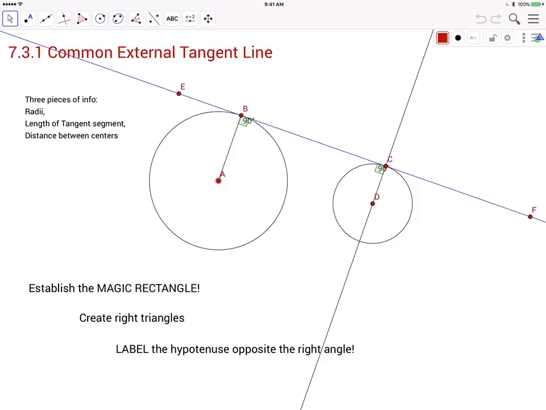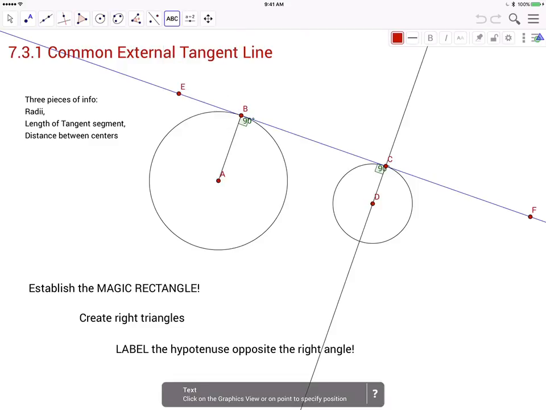Here's the quick trick. There's a little bit of a helpful thing to remember. When you have a common external tangent, what you'll notice and remember is that these two lines, these two radii in this situation are parallel because they are perpendicular to the same common external tangent. Why is that helpful?